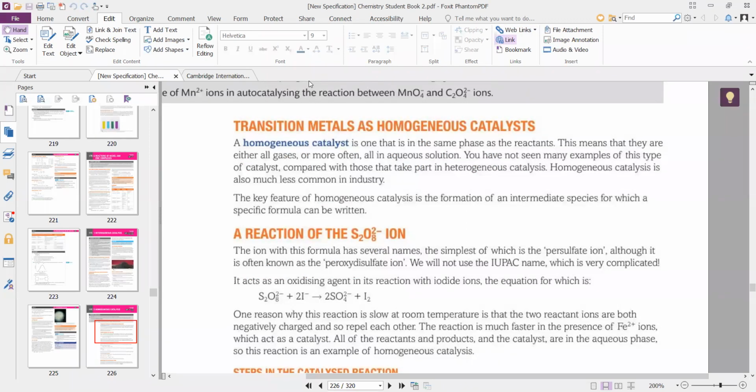A homogeneous catalyst is in the same physical state, the same phase, as the reactants.